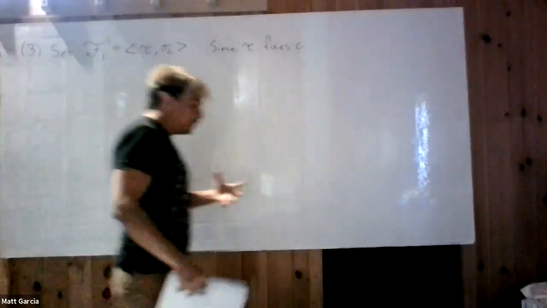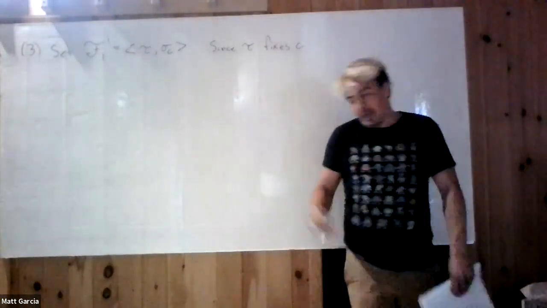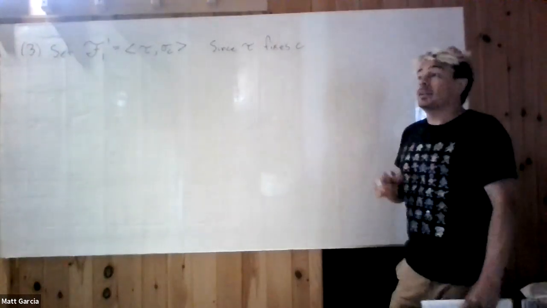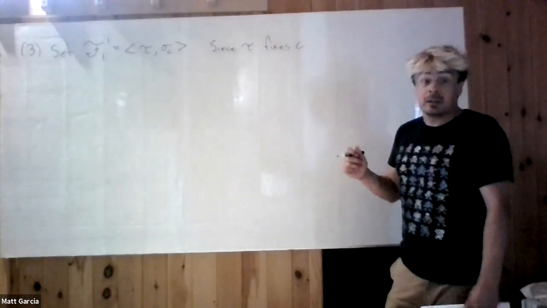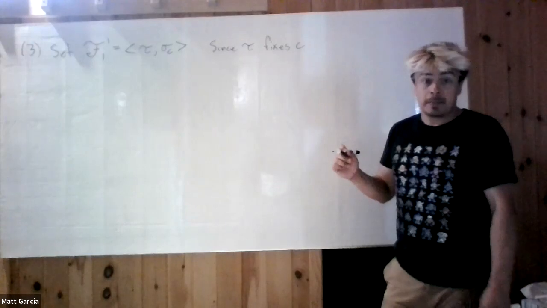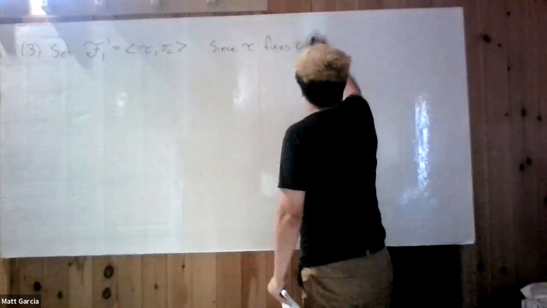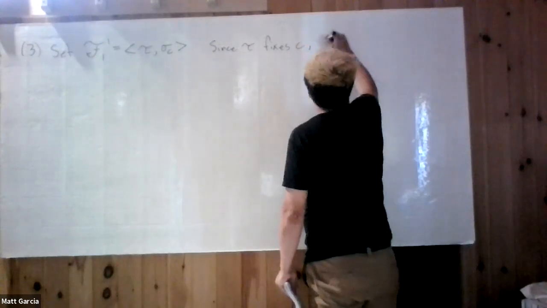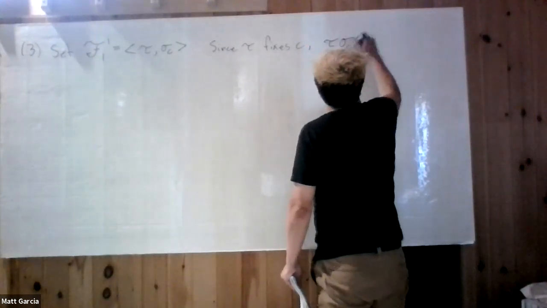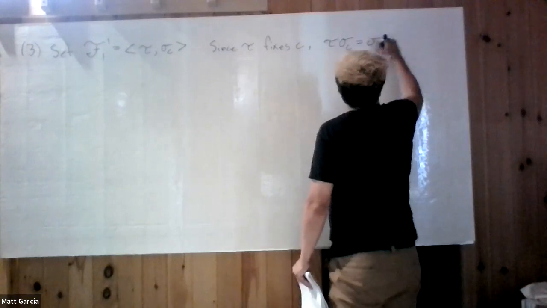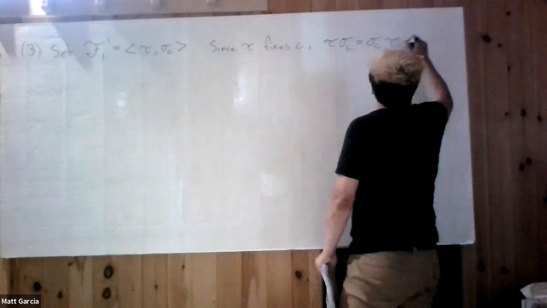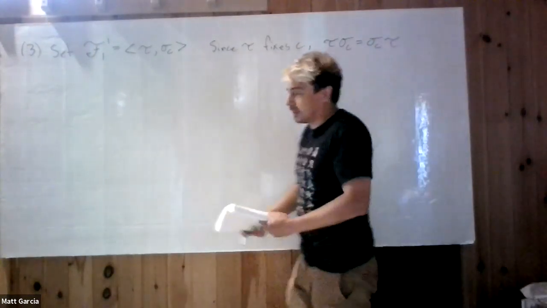One of those cases is when you have a reflection in a line C and a translation which also fixes that line, then those isometries commute. That is to say, in symbols, tau sigma C is equal to sigma C tau. We proved that in class a couple weeks ago.